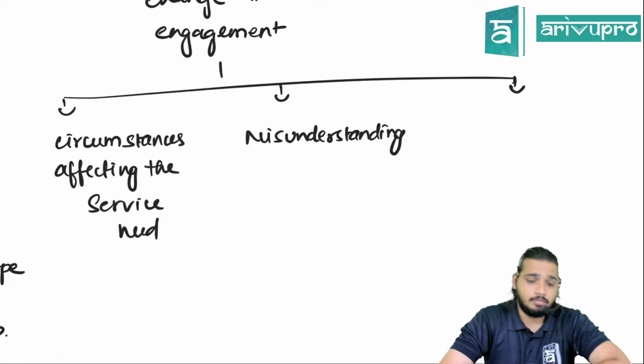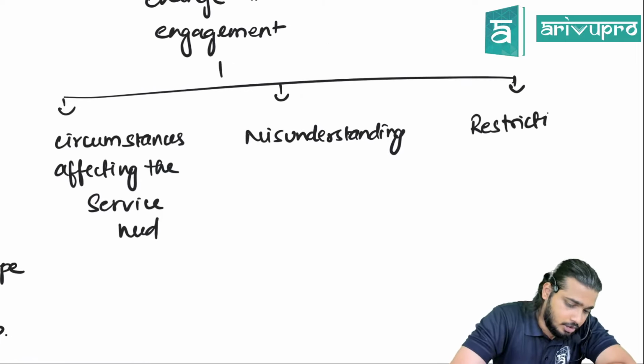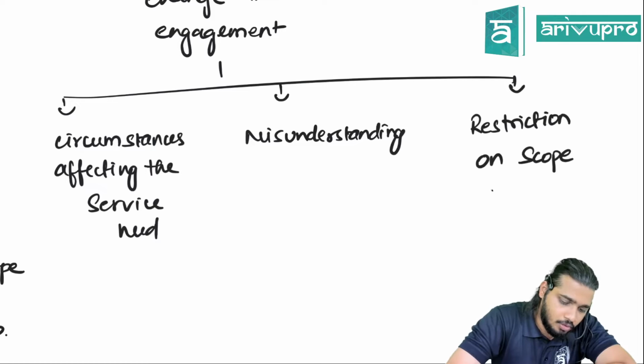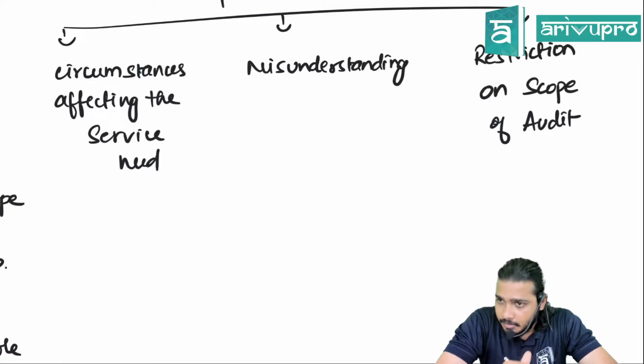Third one, restriction on scope of audit. Now in this, which reason is reasonable?